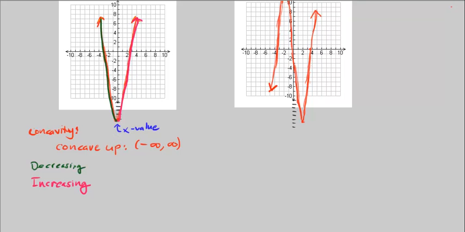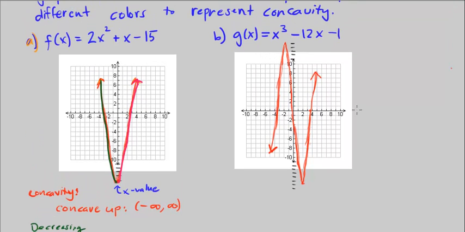Alright, so let's go ahead and look at part B. Part B is this graph, right? So let's look at concavity first, and let's look at concave up and concave down. Well, we can see that it's curving down there, but here, I'm going to put in this bright green, it's concave up.